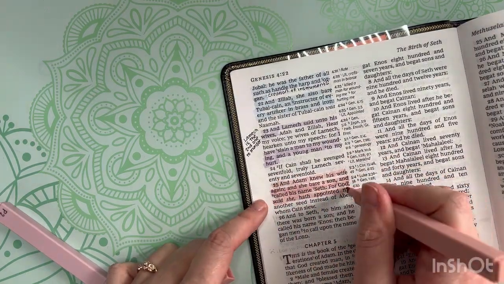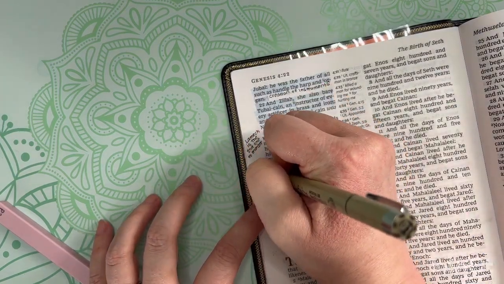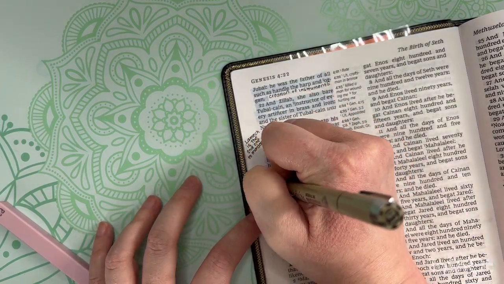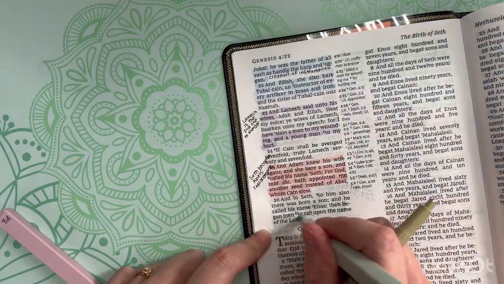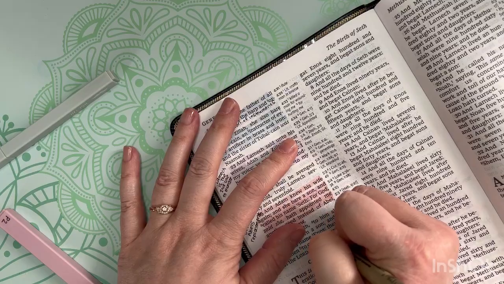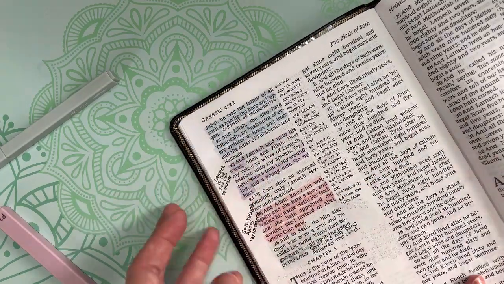I highlighted verse number 25, and I wrote out the note that Seth became Abel's replacement. I highlighted verse number 26, and I wrote Seth and his sons followed the Lord.